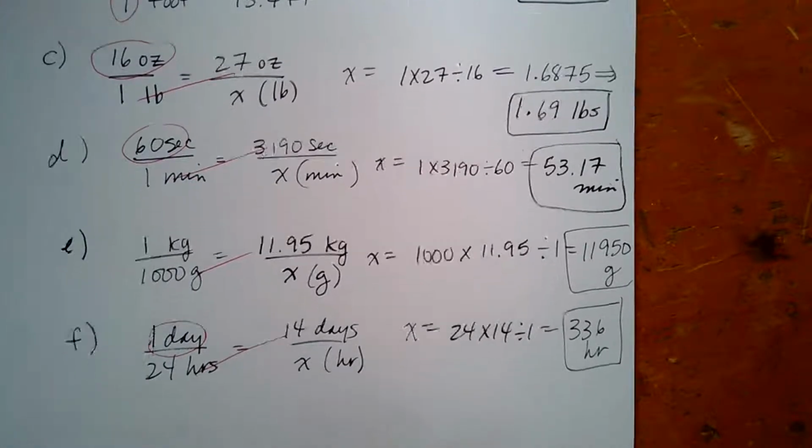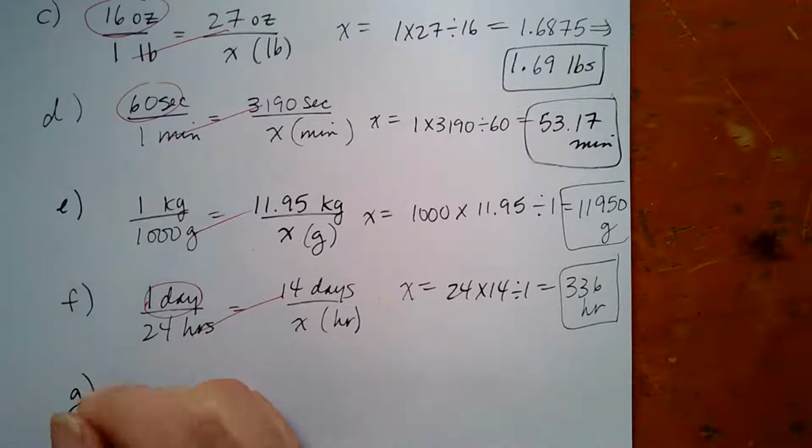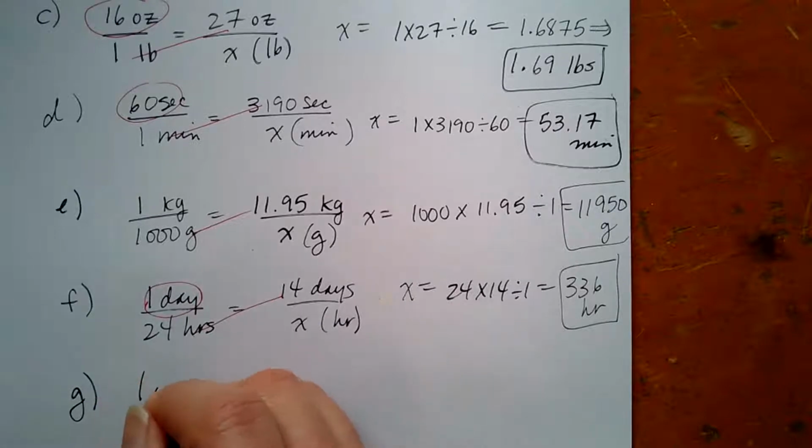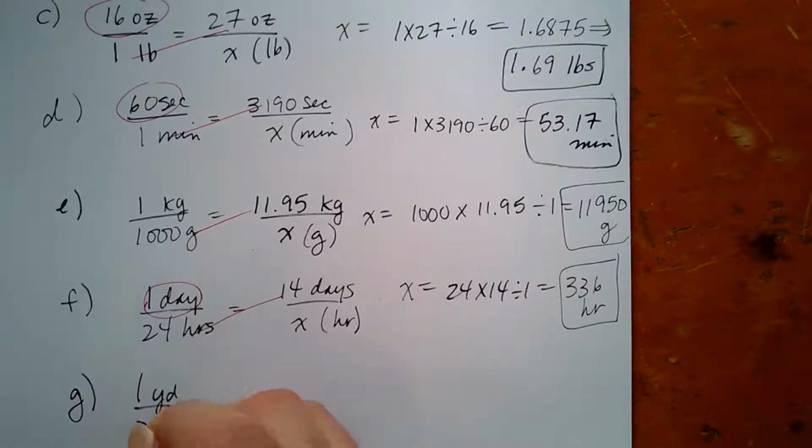And finally, G, feet to yards. All right, so I look that up and I find out that 1 yard is equivalent to 3 feet. And they've given me 912.77 feet. Notice that the feet has to go on the bottom if it was on the bottom of my first fraction.